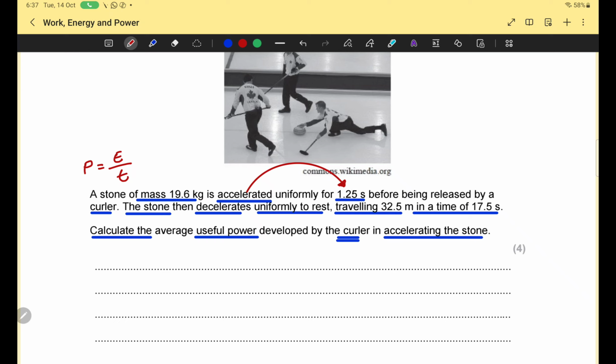The curler accelerates the stone for 1.25 seconds. First he accelerates, and then he releases the stone. And when he releases the stone, I do not know what will be the speed of the stone. First he accelerates.